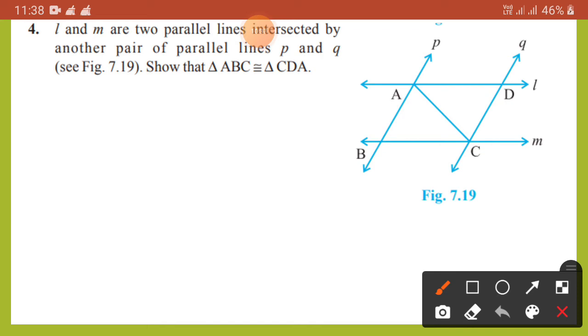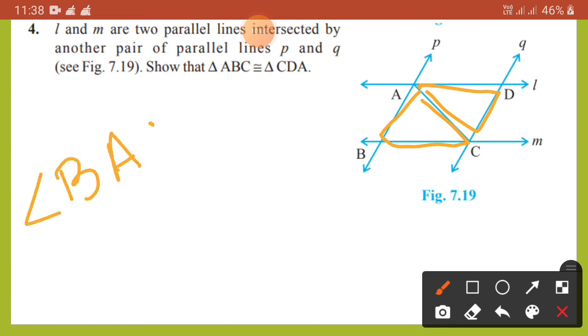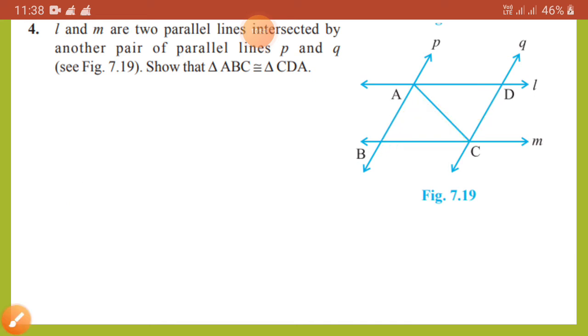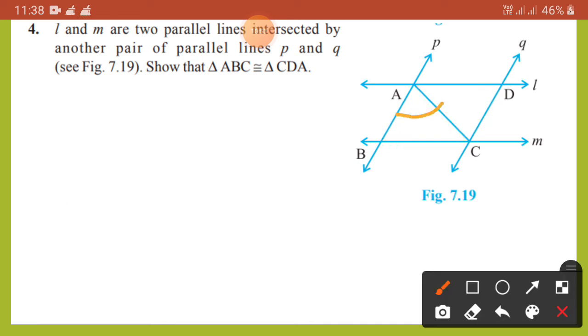Now in triangle ABC and triangle CDA, we have angle BAC equal to angle DCA. Why? Alternate angles. Angle BAC, this angle, is equal to angle DCA, this angle, because they are alternate angles.